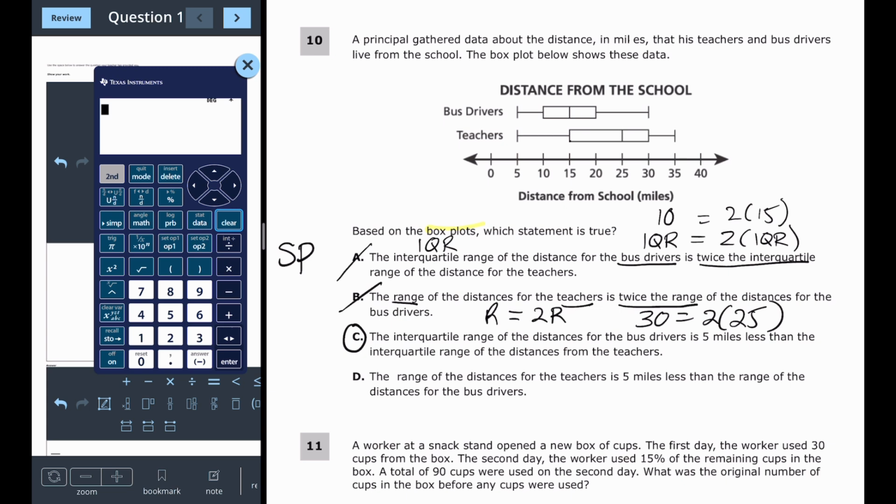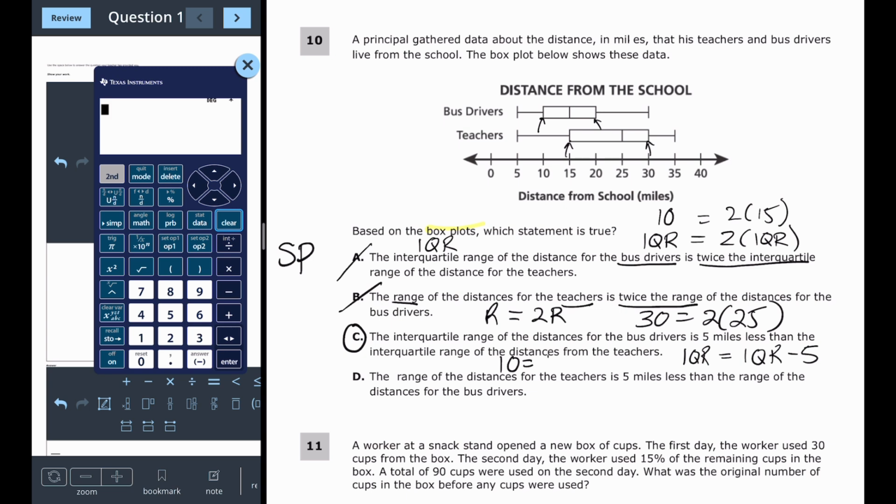Again, tons of hotspots. You just have to slow down and think carefully. My IQR for the bus drivers is 5 miles less than the IQR. So whatever it is for teachers, minus 5. All right, so for bus drivers, it goes again from 10 to 20. So that's 10 is equal to, on this side, from 15 to 30.